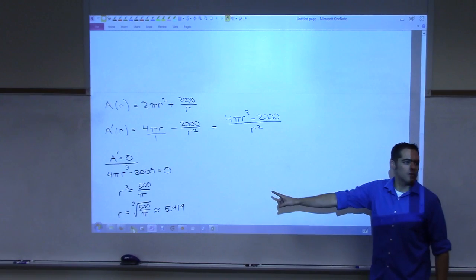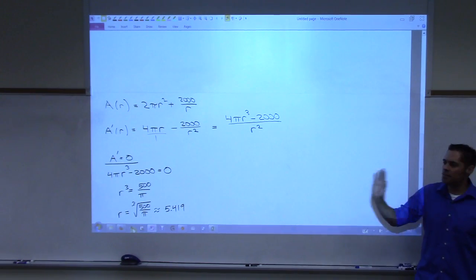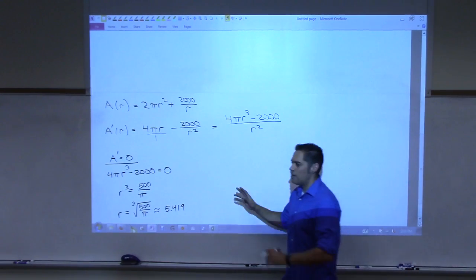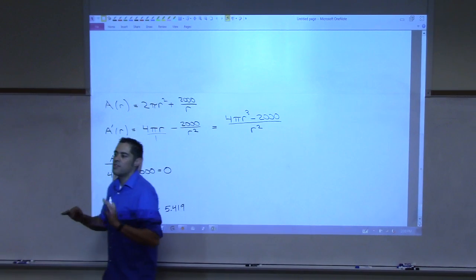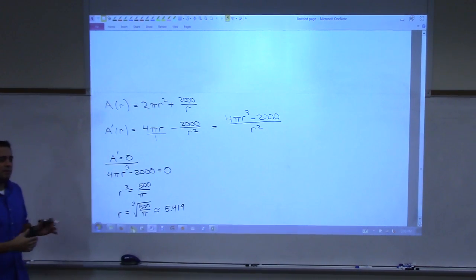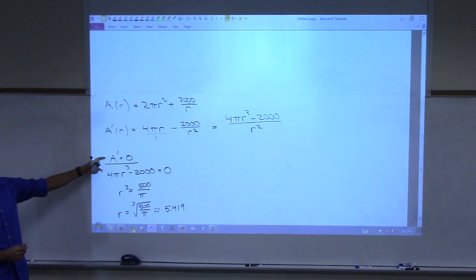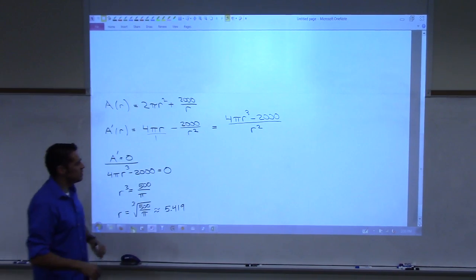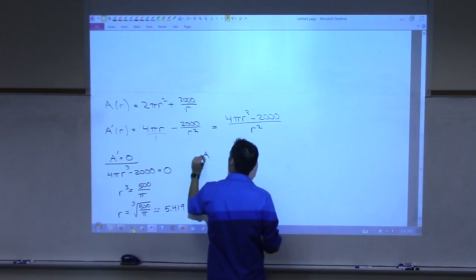We have a critical number. We are not saying that this is a local max or a local min or the highest or lowest point. We're not saying that, right? We're just saying that's a critical number. It might turn out to be the local max, might turn out to be the local min. We don't know. I also need to look at where the derivative is undefined or where it doesn't exist, right? Is that going to happen?